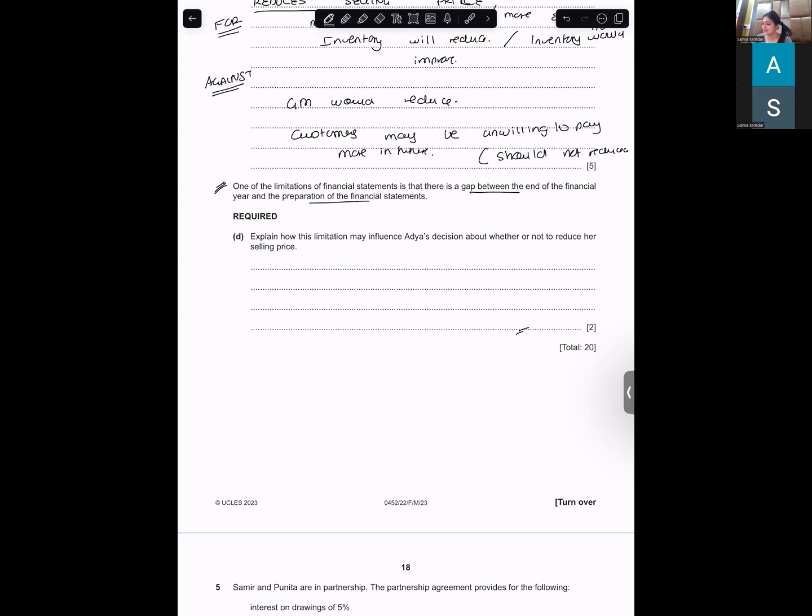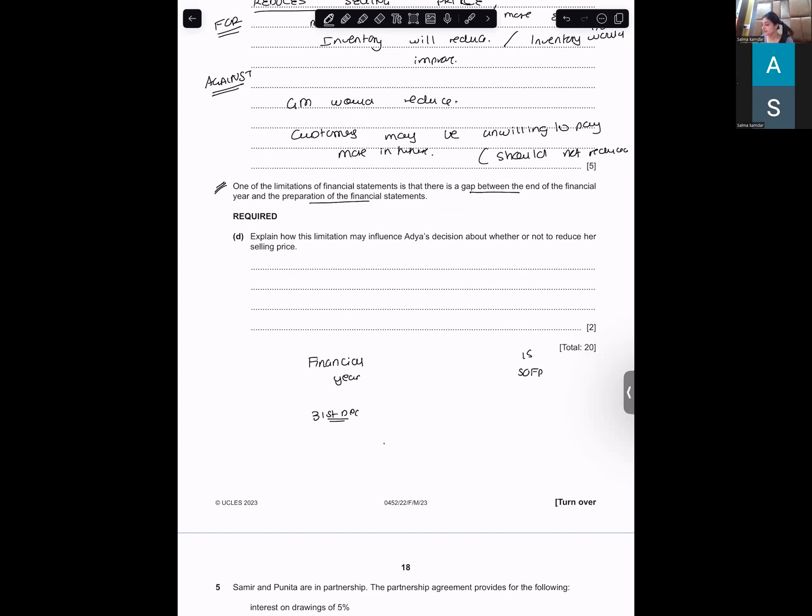Understand this clearly: your financial year ends on, say, 31st of December. When your financial year ends on that day, you don't have your income statement and statement of financial position prepared for you. There is a gap between the end of the year and the day you prepare your financial statements.